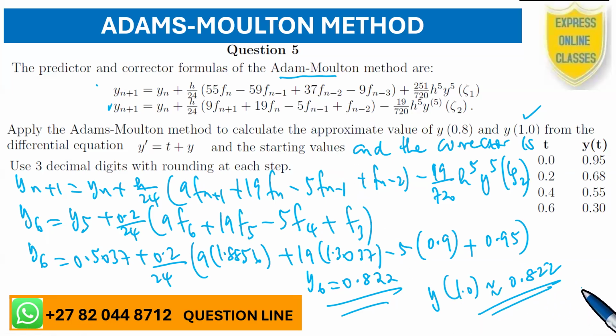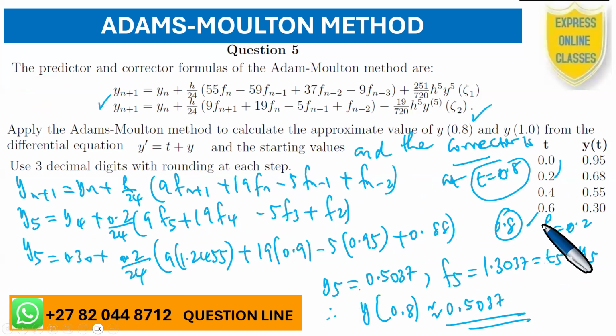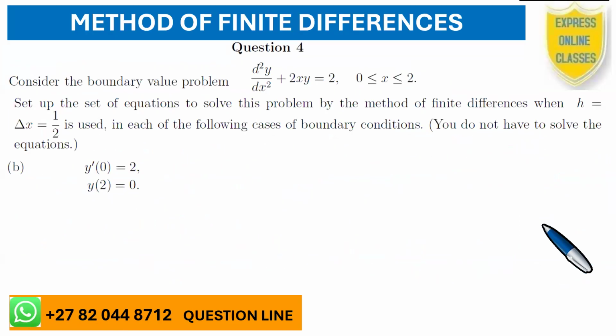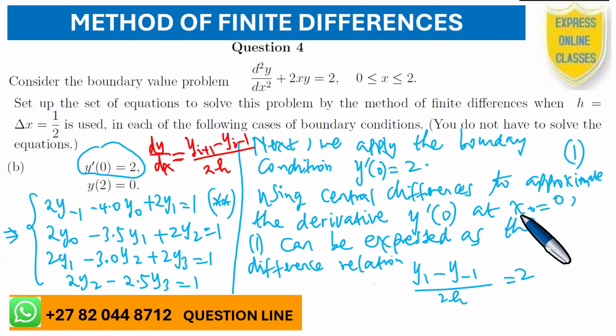Right, and so obviously looking at this particular method, we've had a fair share of learning the Adams-Moulton method, and also we had the method of finite differences to discuss, but we looked at a different dimension to the one we looked at last time, because the method we looked at last time was the method of finite differences.